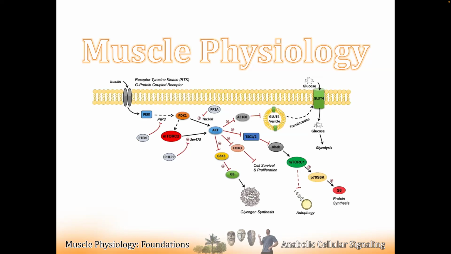Then also, it's worth noting, you don't need to know this, but just to acknowledge it, that PKB has 3 different isoforms encoded by 3 different genes. But mostly what we're looking at is AKT1 or PKB alpha. That's the muscle hypertrophy one, AKT1. We also look at AKT2, right? That's insulin signaling, glucose transport.